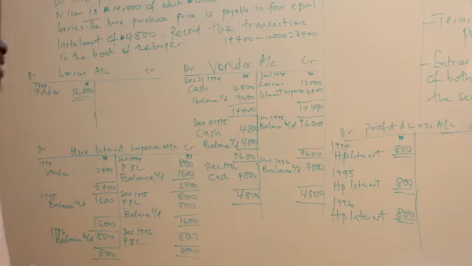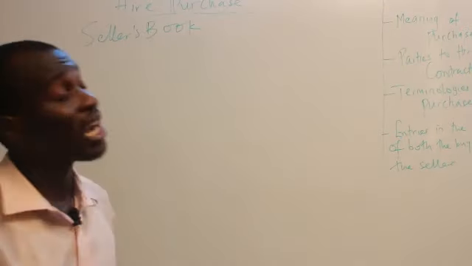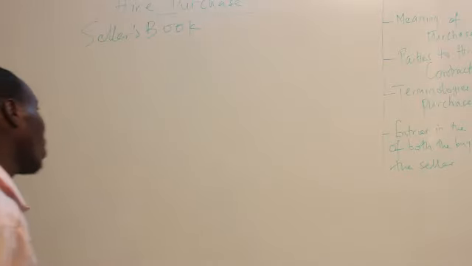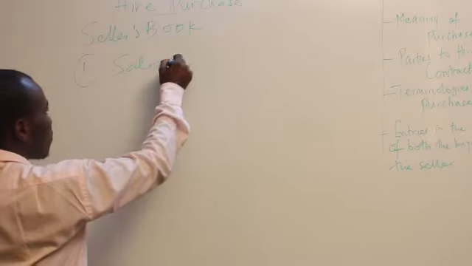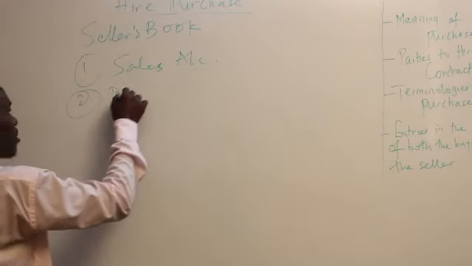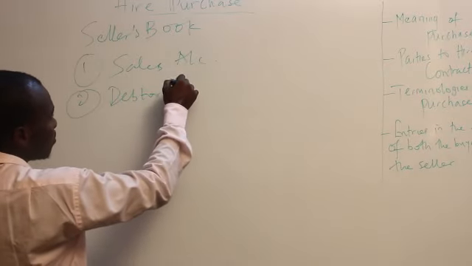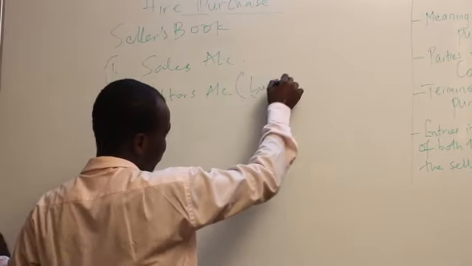Now the book of the seller. In the seller's book, or the vendor's book, the following accounts will have to be maintained. Number one, the sales account. Number two, the debtors account, which is kept for the buyer.